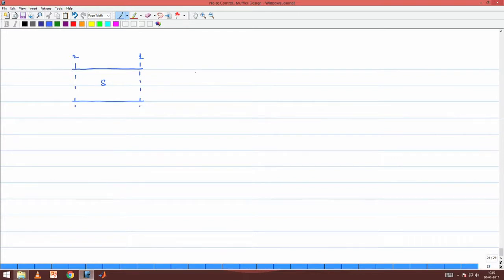We arrived at the transfer matrix between the two ends of this duct, which is denoted by 1 and 2. So, if you recall, we had the situation P2 V2 is equal to P1 V1, where 1 is the inlet and 2 is the downstream condition, and this transfer matrix was given by the following: cos kL comes in the diagonal terms, i Y sin kL and i by Y sin kL come in the off diagonal terms.